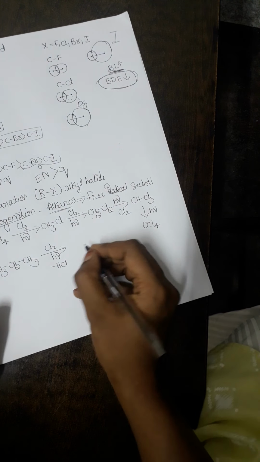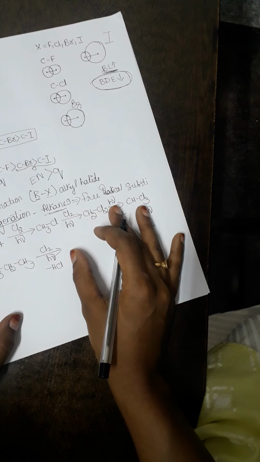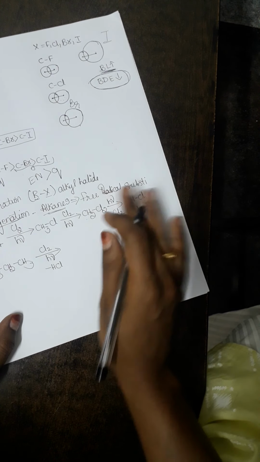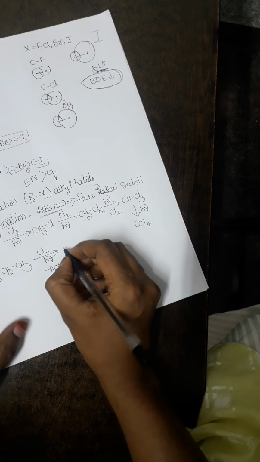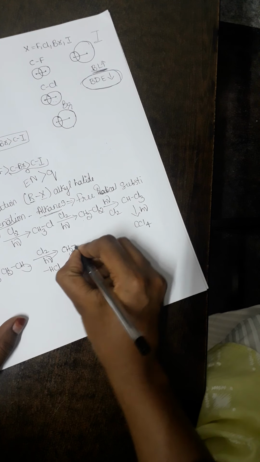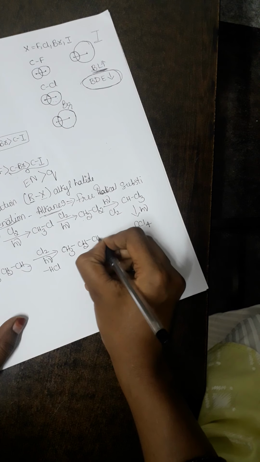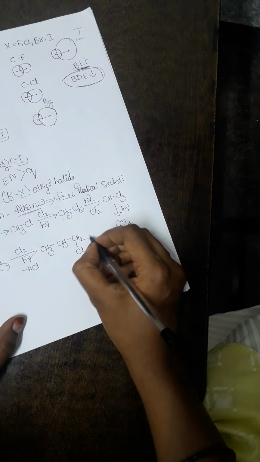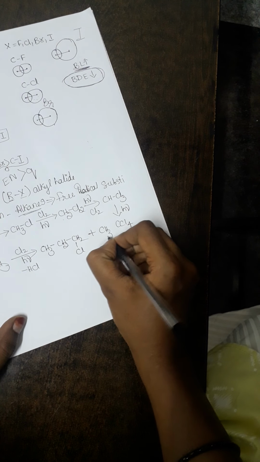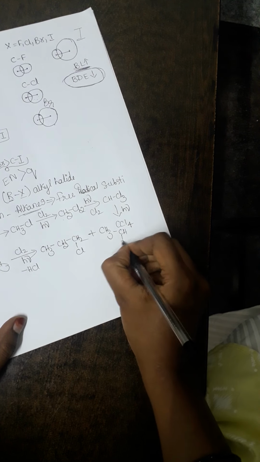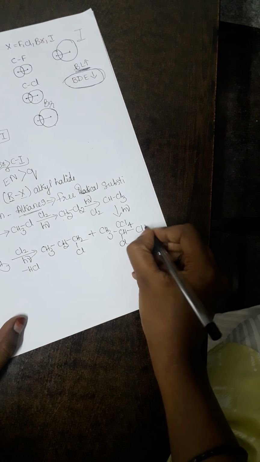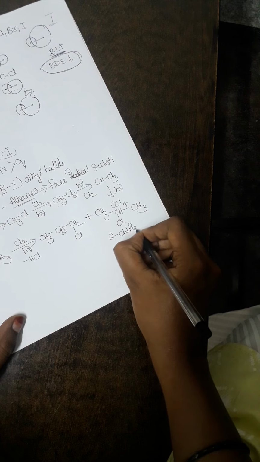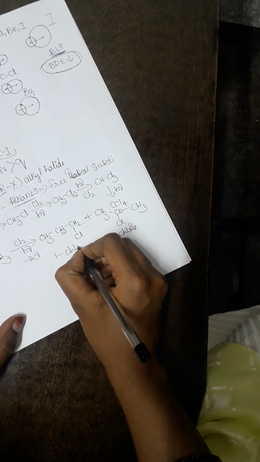I can expect one chloropropane or 2-chloropropane. There are two chances. One is CH3CH2CH2Cl, which is 1-chloropropane. Along with that, I can also expect CH3CHClCH3, which is 2-chloropropane.